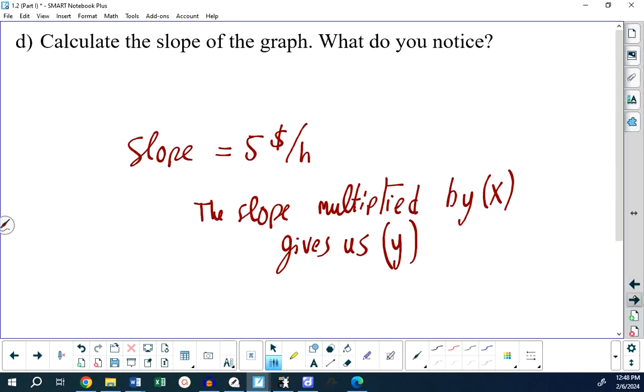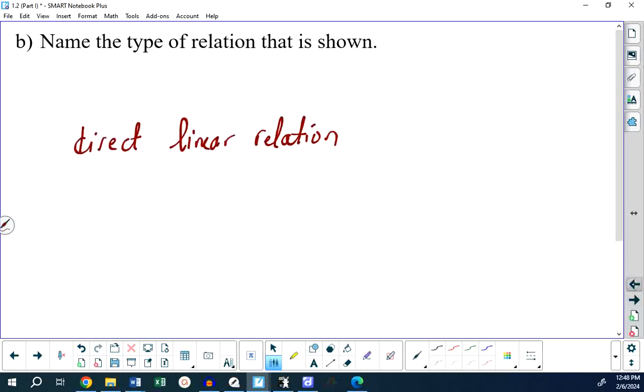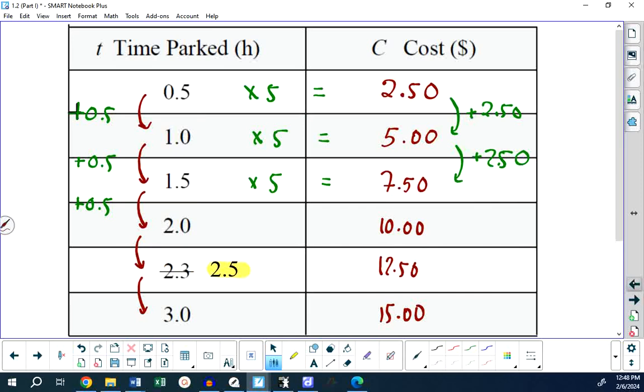In fact, look at our table. Look what I've been writing in the table. This is x. We're multiplying by this, which is the slope, and we're getting y. Y is equal to the slope times x. This is what we notice.